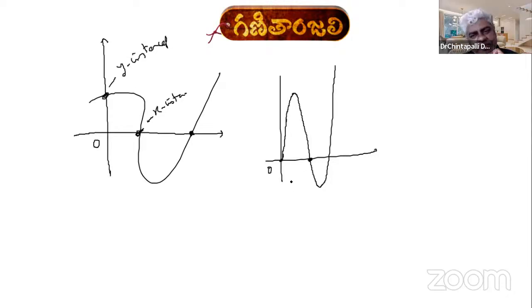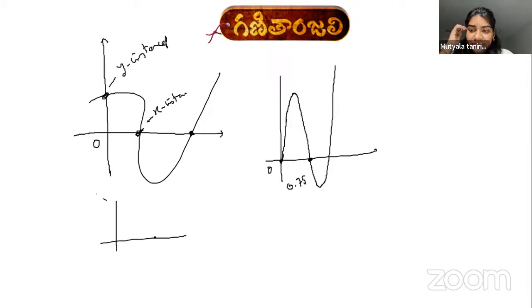It is the x-intercept. There is no y-intercept for this graph. But 0 can be the y-intercept? No, 0 is the origin. Intercept means length. Actually, see, it is a straight line, okay?